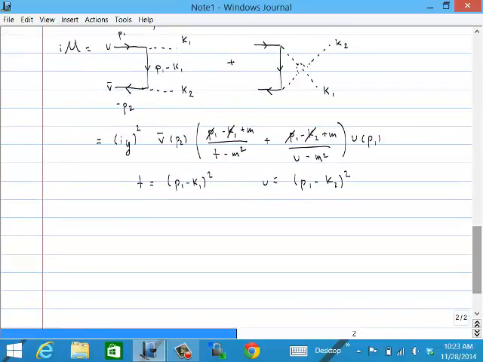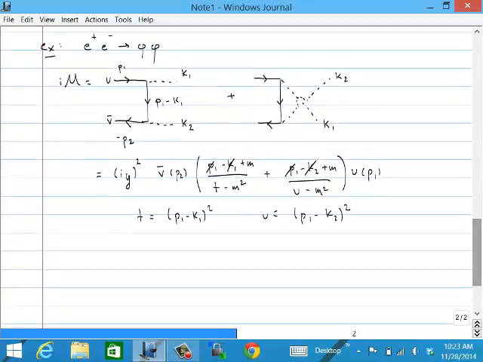So a slightly more interesting example would be one where you study, say, electron scattering. So in this case, you also have two diagrams. So they would look like this. So these electrons are scattering via the interchange of a scalar.